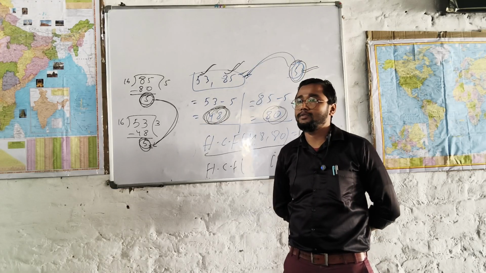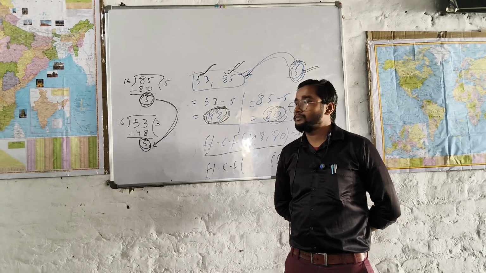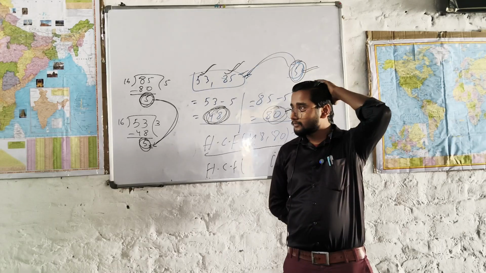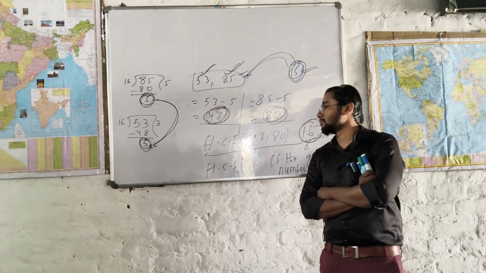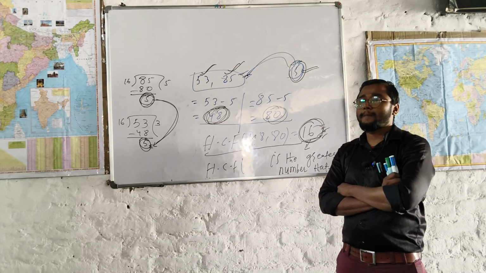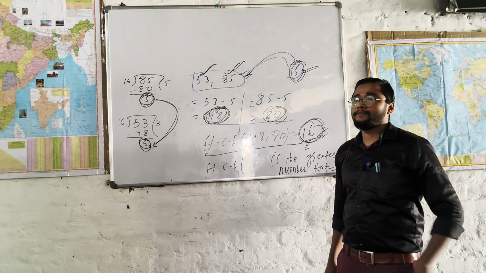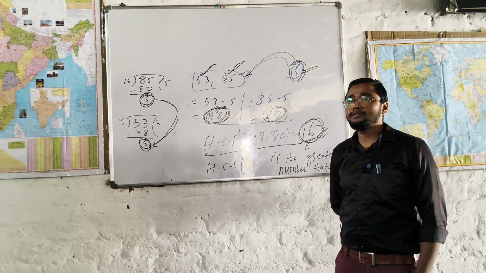Solution, comma, given numbers equal to 53 and 85. Write down 53, comma, 85.